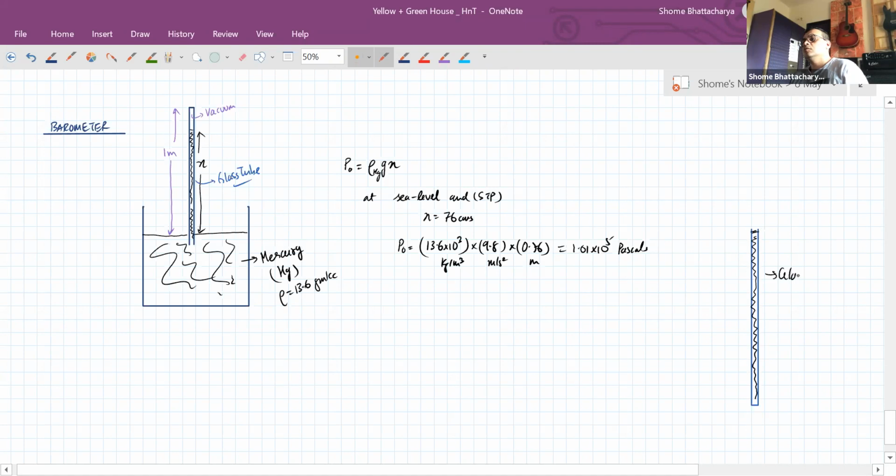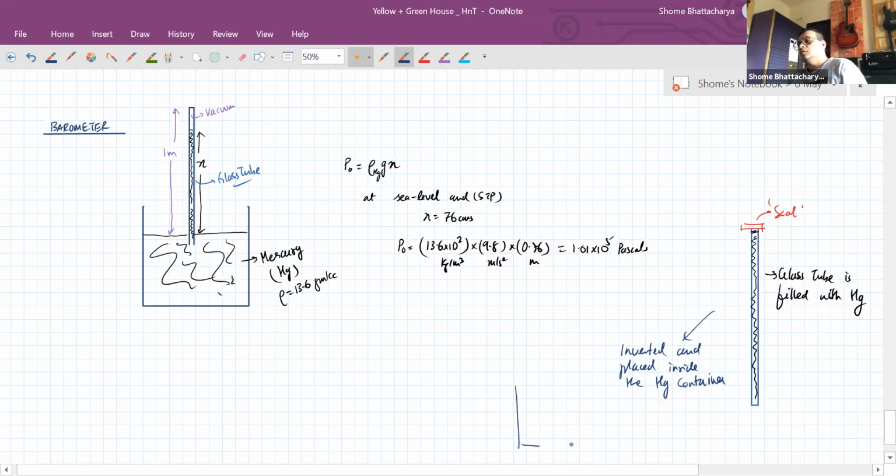Then we place some kind of a seal, like this. Okay. And then it is inverted and placed inside the mercury container.